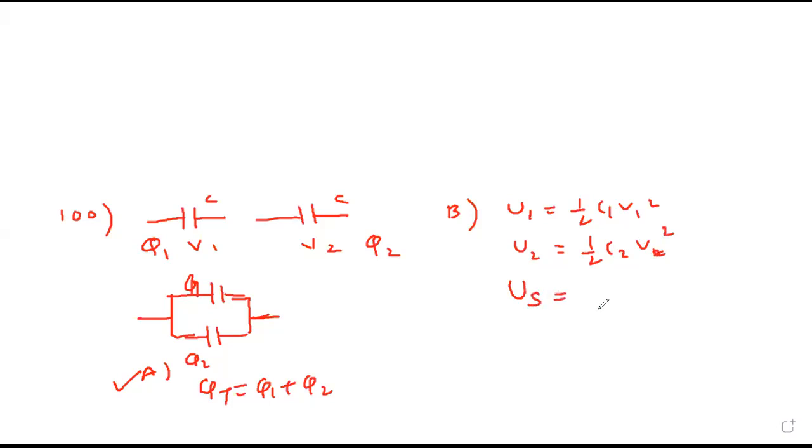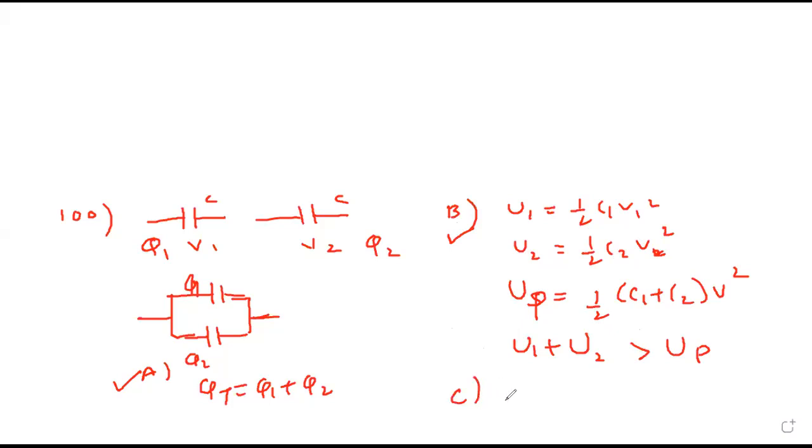U of system will be half of C1 plus C2 parallel into V square. Always Q1 plus Q2 is greater than the sum. So net energy of the two capacitors is less than this because individually the sum is more as compared to when they are combined together. You can check after simplifying. So remember this statement.